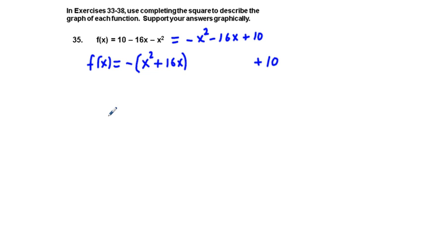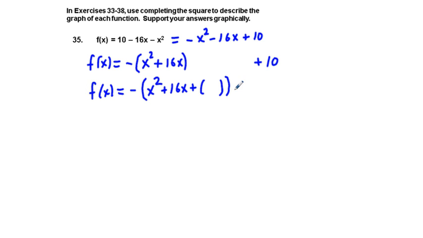And now what we're going to do is leave a gap for our completion of the square. F of x equals negative x squared plus 16x, and I'm going to have plus over here and leave this gap to fill in.